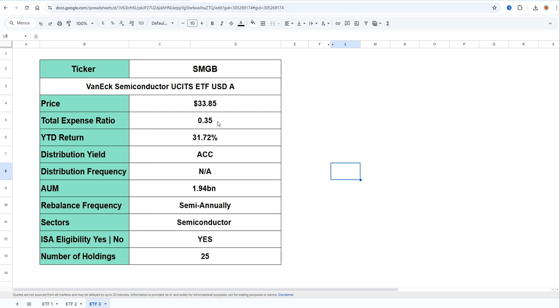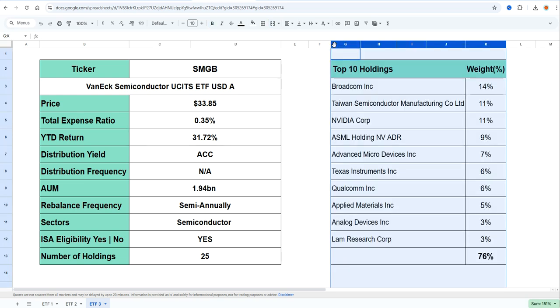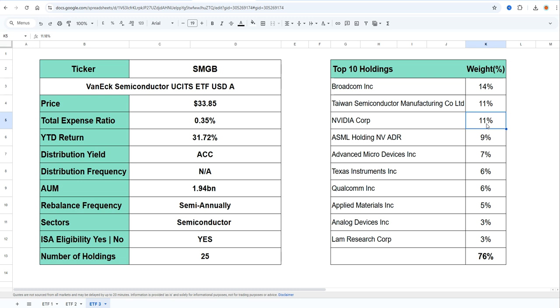But the expense ratio is 0.35 percent, which is not bad at all. Currently, year to date, it has returned 31.72 percent. So it actually outperformed the S&P 500, which is absolutely amazing. And the reason is because it includes companies like Broadcom, for example, Nvidia, who's done well this year.